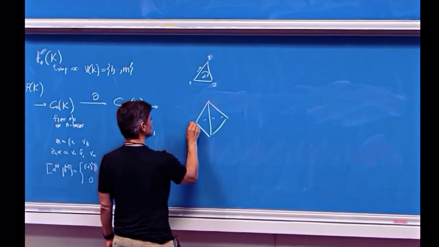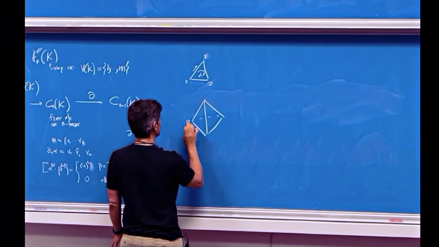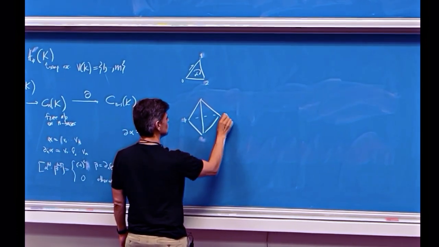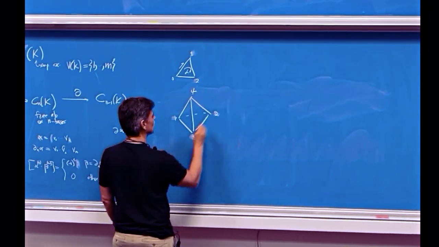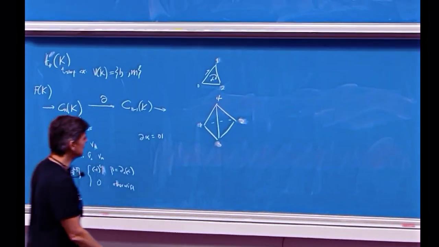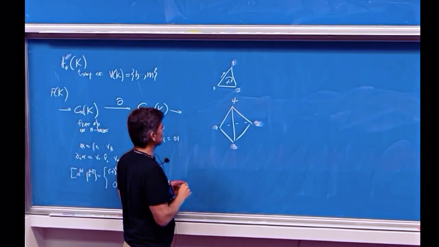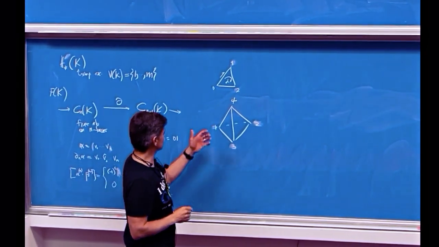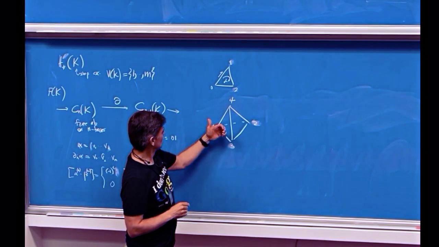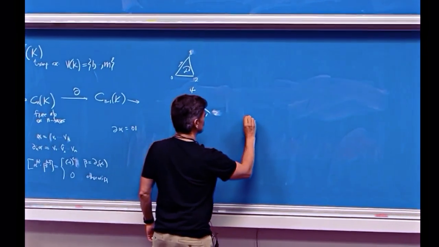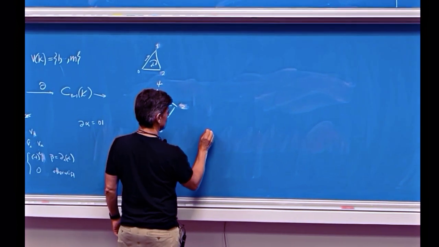One can have a simplex with vertices 2, 3, and 4. The orientation that I'm picking here is going like this, using this direction, going in the base like that, and then going like that.